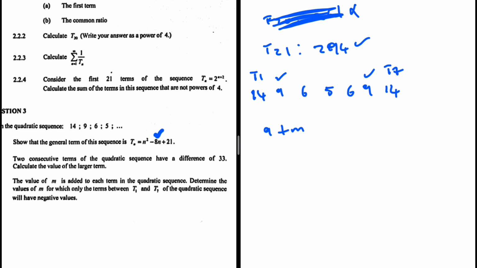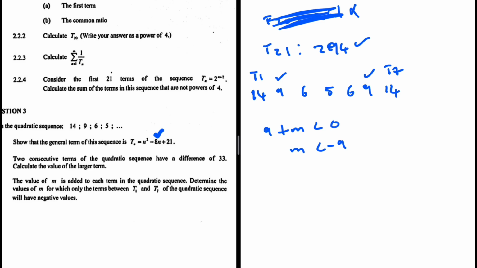So we're saying that 9 plus M needs to be less than 0. Right, 9 plus M less than 0 satisfies our condition. So M needs to be less than minus 9. Okay. Right, if M is less than minus 9, then T2 is going to be negative, T3 is going to be negative, T4 is going to be negative.